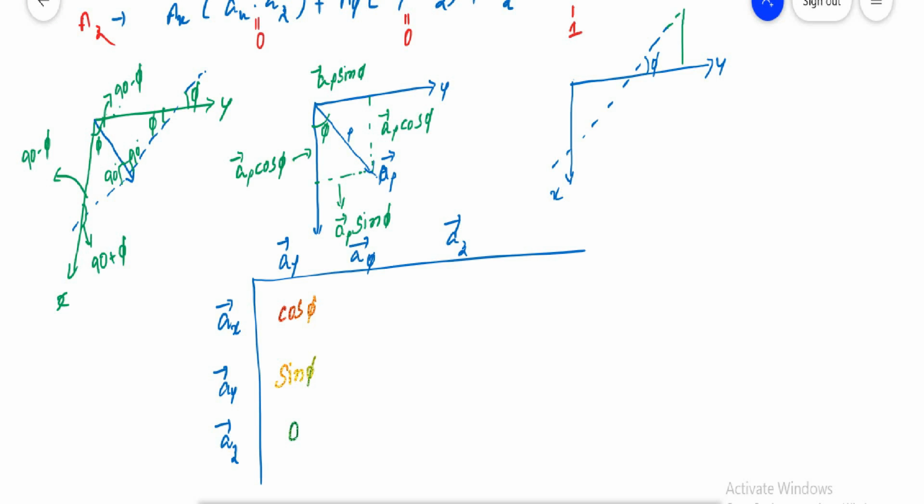So this length becomes your Y and this length becomes your X. So this is the direction.